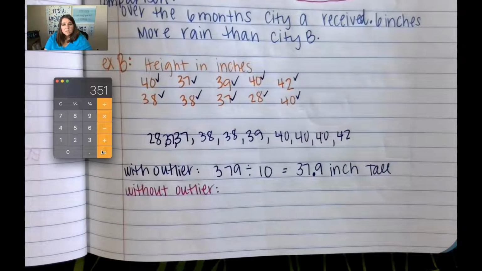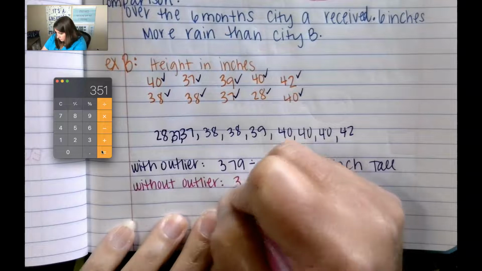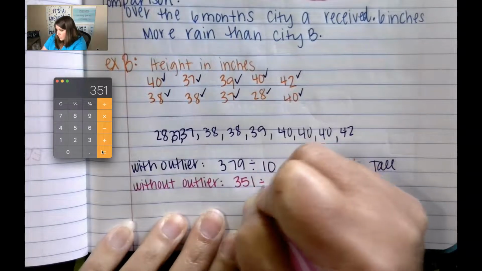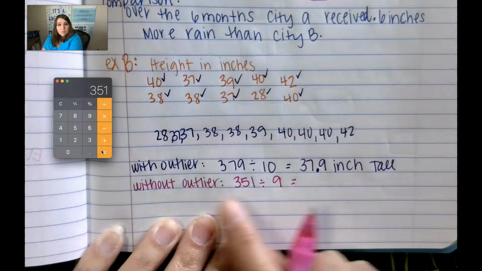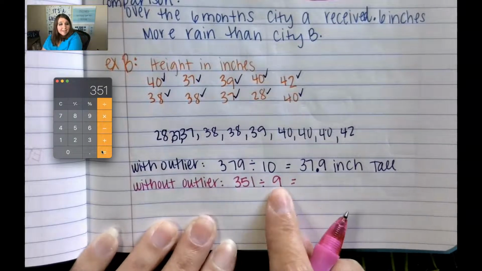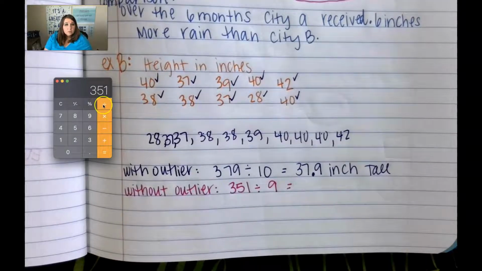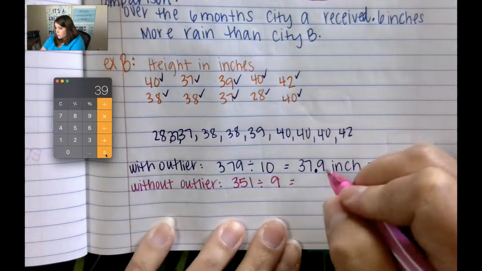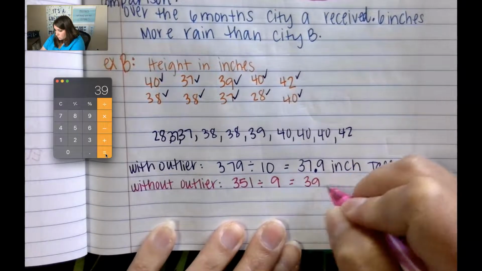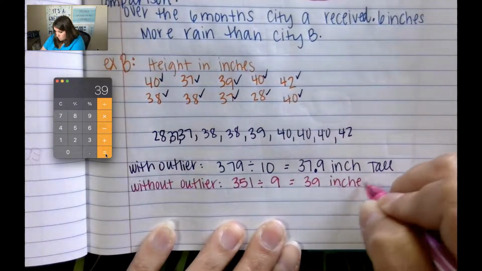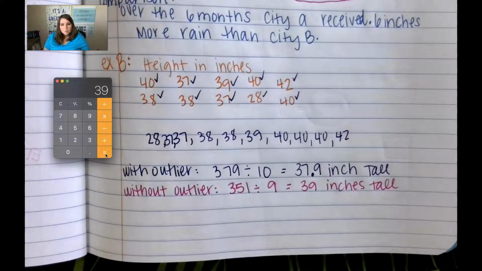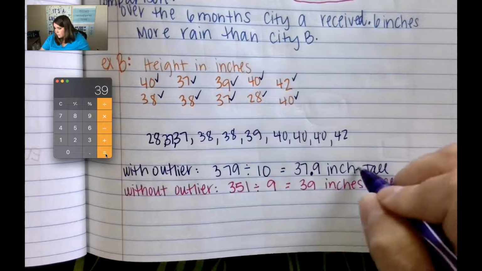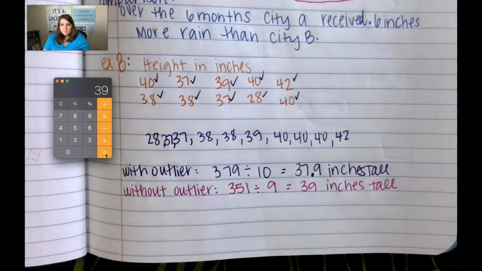And that gives us 351. And we're going to divide that by 9 pieces of data instead of 10 because without the outlier, we only had 9 data points. So divide by 9, and that gives us a total of 39 inches tall.